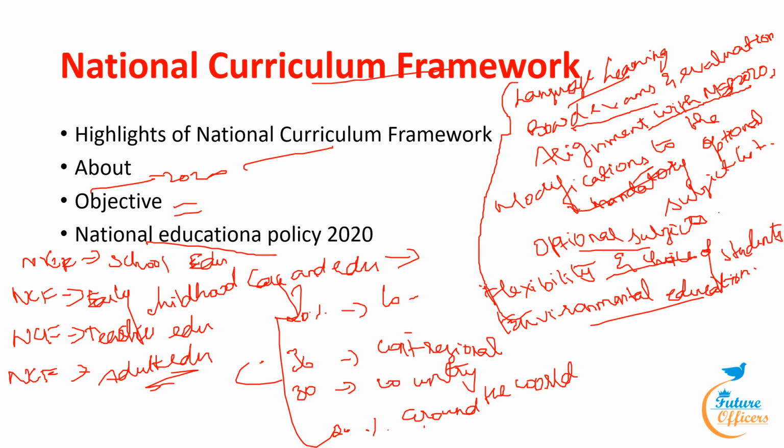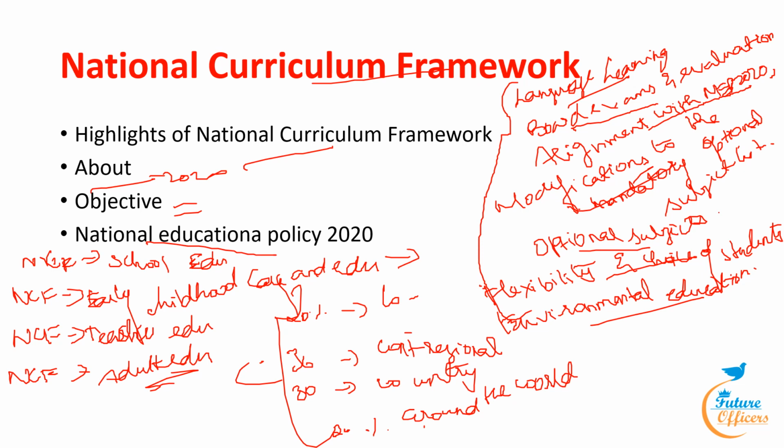We have done a detailed analysis of National Education Policy 2020 in the hot topics of the year. To get more knowledge about these topics, you can visit that video and get a detailed analysis of this.